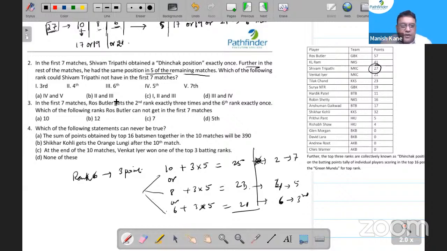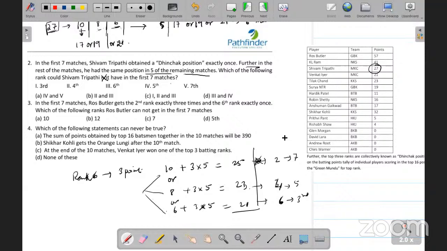I think I have made a mistake in this question. Which of the following ranks could Shivam Tripathi have, and not have in the first... Please make that correction. I'm so sorry. Which of the following ranks could Shivam Tripathi have in the first 7 matches? So obviously, which of the ranks could he have? 2 and 3.